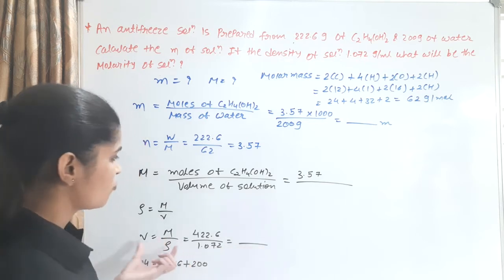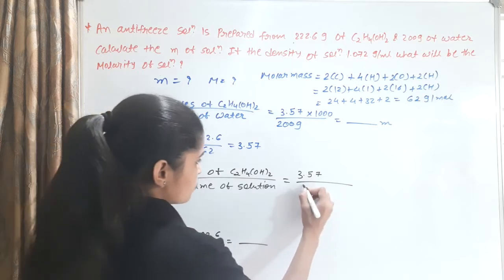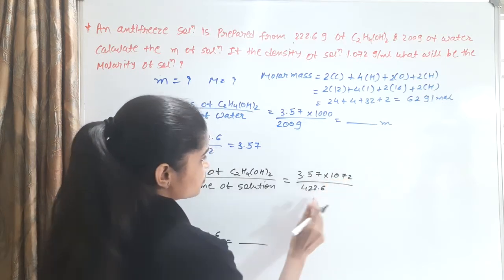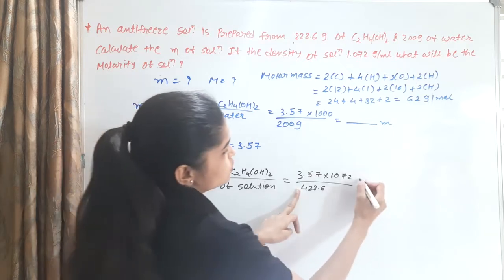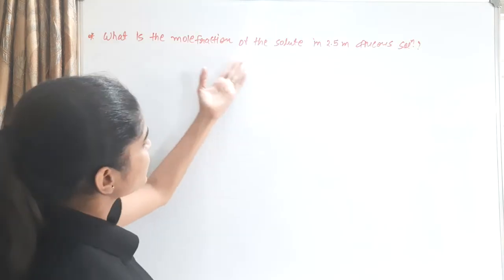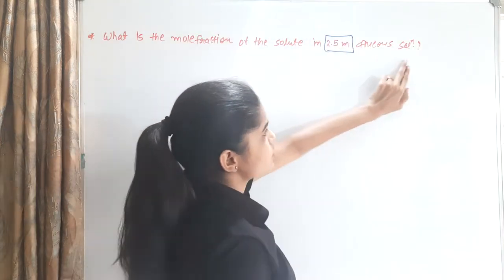This gives the volume of the solution. So this value is put in this equation, 3.57 divided by the volume, multiplied with 1000 since the volume is in gram. This gives the molarity.